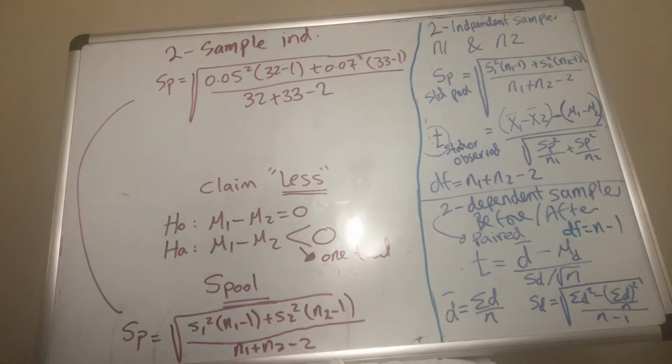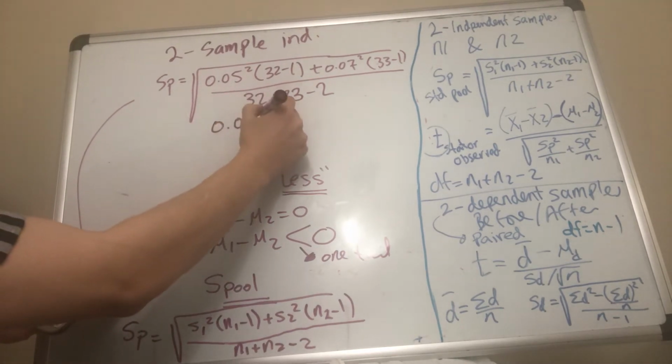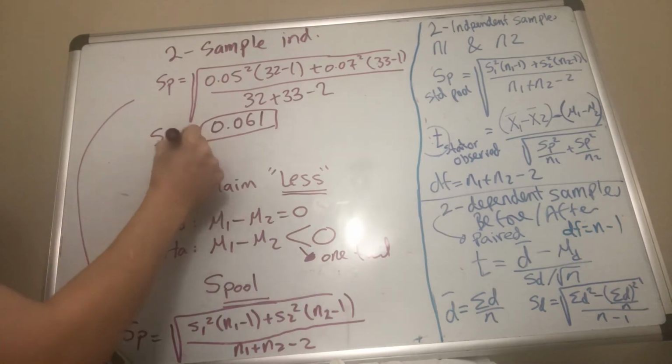So I'm going to take my calculator here. It's the square root of 0.5 squared times 32 minus 1, plus 0.7 squared times 33 minus 1, and all of this over 32 plus 33 minus 2. The answer is 0.61. That's your SP.